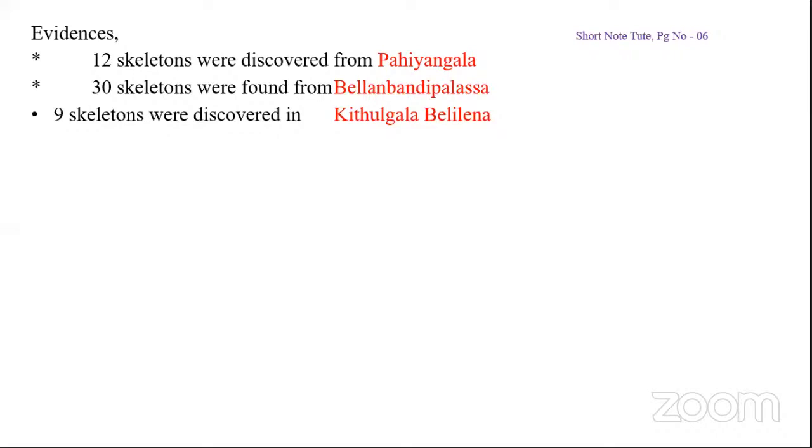If you can remember the number of skeletons, that is very good, because it is advantageous when writing answers. But at least remember the 3 places where we find evidences about the burial methods: Pahiyankala, Bellanpalli Palace, and Kitulgala Belilena.